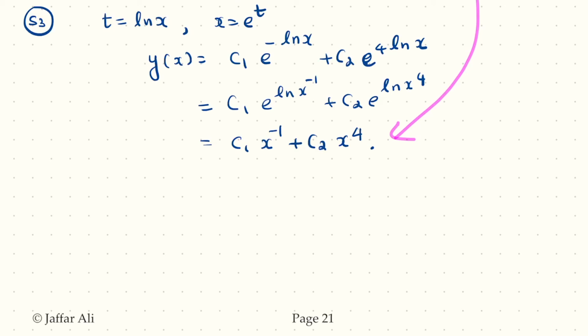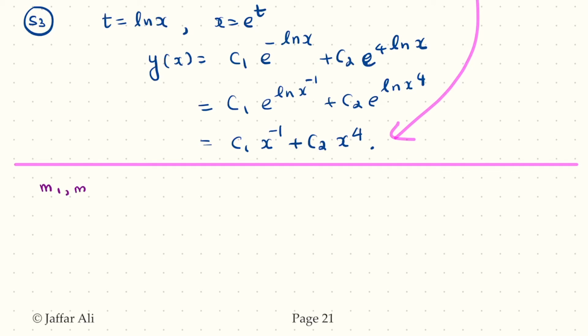here are some nice ways to do it, and that is if you have real and distinct roots. So these are shortcuts if you want to. If you have two roots, let's just say m1 and m2, and they are real and distinct, that means m1 is not equal to m2.